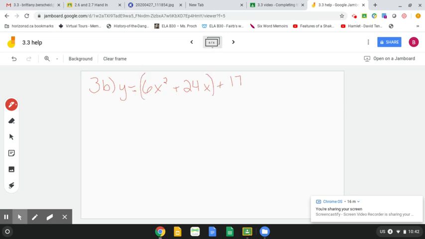Step 2, factor the number attached to the x squared term. So divide everything by 6. Now that 6 comes out in front, and 6 divided by 6 goes away, right? So you've got your x squared. 24 divided by 6, positive 4x, and you leave your plus 17 on the side, right? Not dividing the 17 by 6.